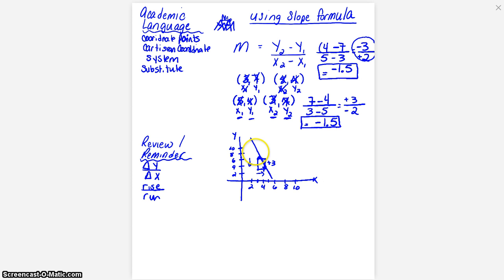So positive 3 and negative 2, or negative 3 and positive 2. But either way, I get the same slope. It's just on which side of the line are you drawing your slope triangle. So let's remember that down here. What a slope triangle is, because sometimes that can help us see it.